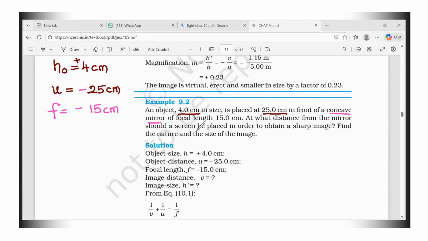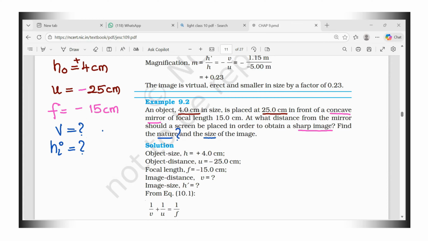At what distance from the mirror should the screen be placed to get a sharp image? So they are asking what is V. After finding V, we can find the nature and size. The size, HI, is also asked. Either from V or from HI, you can find the nature of the image, whether it is real or inverted.